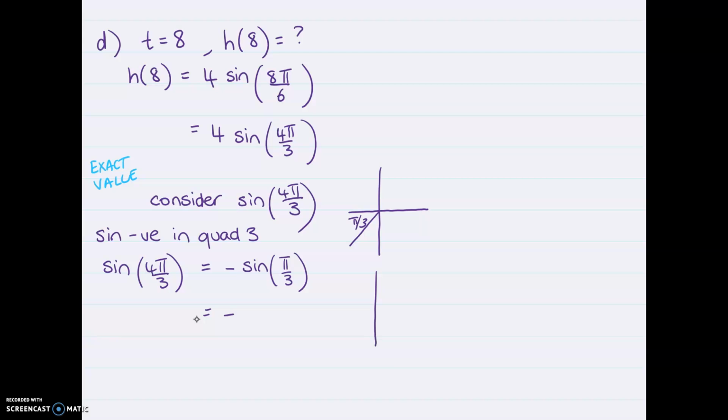And for the pi on 3, I've got my special triangle. That's the 60 there, or pi on 3, pi on 6, 1, 2, root 3. So sine of pi on 3 is root 3 over 2. Let's sub this back in up here.